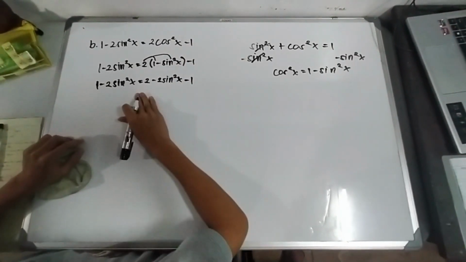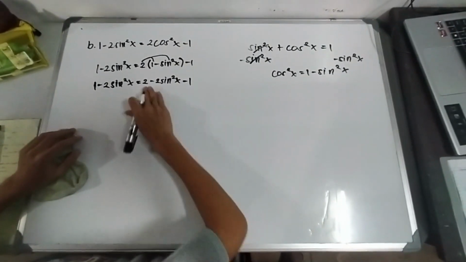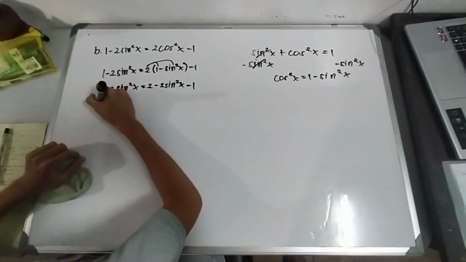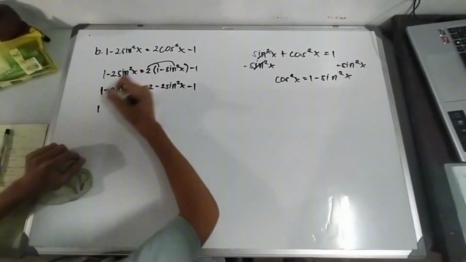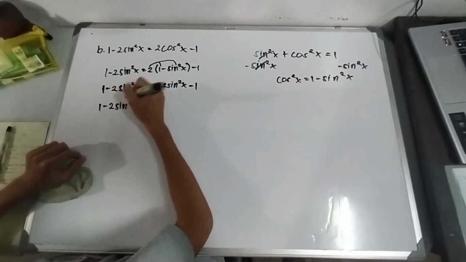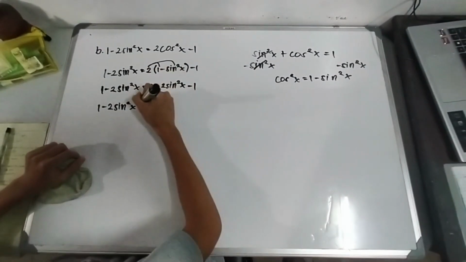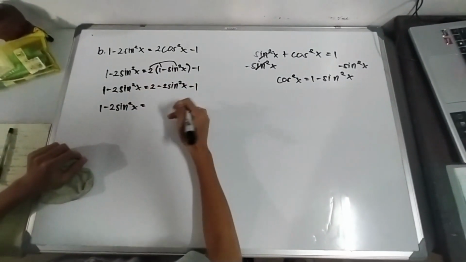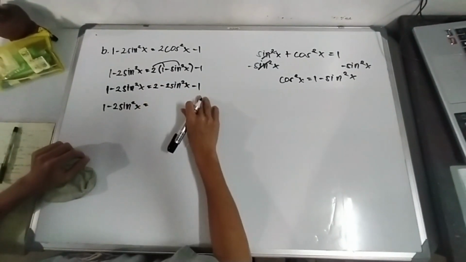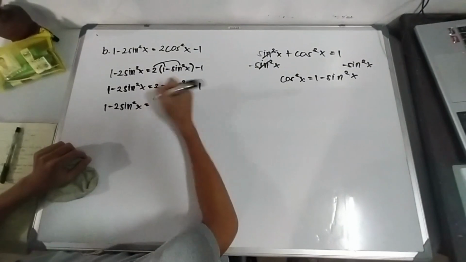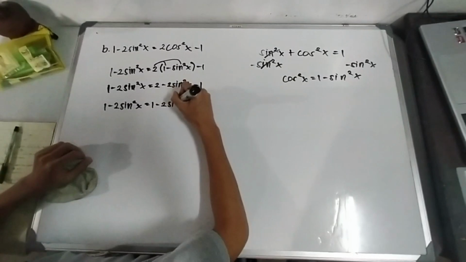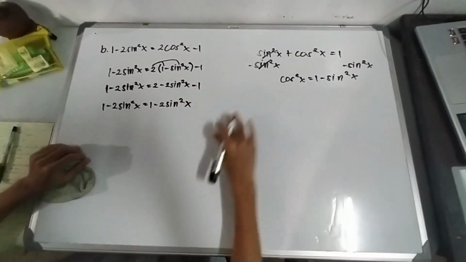And after this, we will simplify this equation: 1 minus 2 sine squared x equals 1 minus 2 sine squared x.